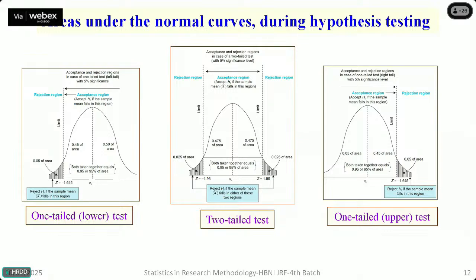This is a general convention for any statistical hypothesis testing as of today, keeping alpha as 5%, significance level as 5%, if not mentioned explicitly. That means z equal to 2, confidence level 95%.